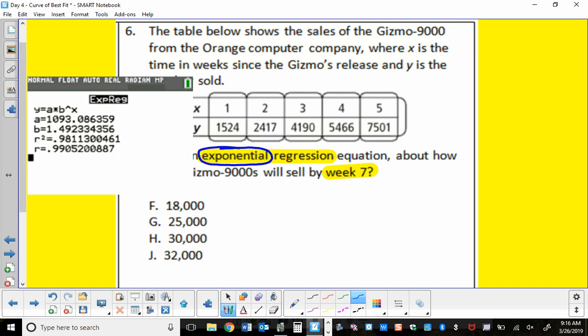All right, so here we go. Do you guys notice this first equation up here? That's basically our basic equation for exponential. A times B with an x as the exponent. All right, what's my A? You see A is 1093? So let's plug this in.